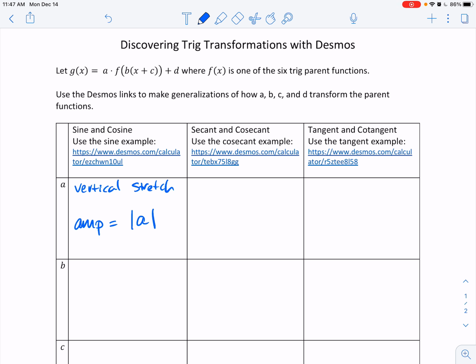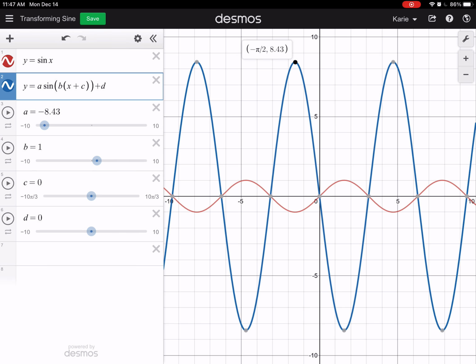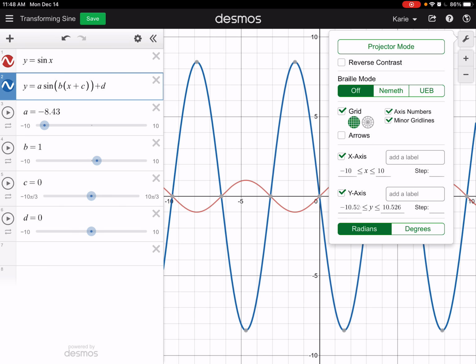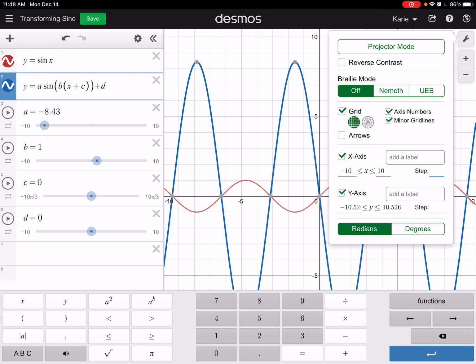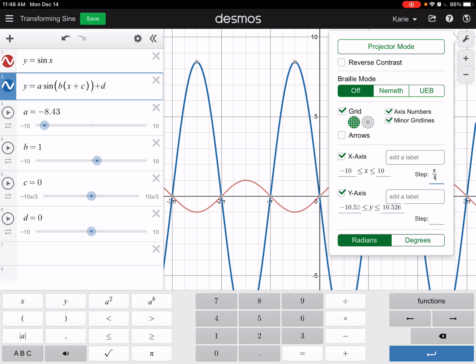If A is negative, then you'll notice back here that it reflected. So instead of going up between 0 and pi over 2, we could change that. We can label this by pi over 4.